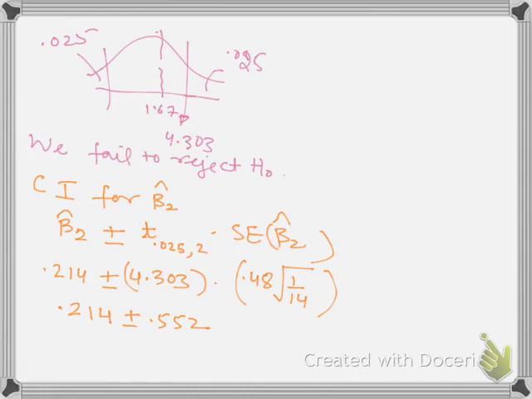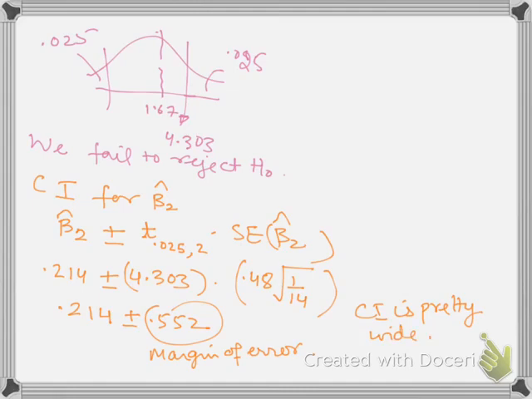So 0.552 is the margin of error, pretty big margin of error, right? So the confidence interval is pretty wide. Wide confidence intervals are never very reliable. The reason is this is just a fake example with a very small data set.